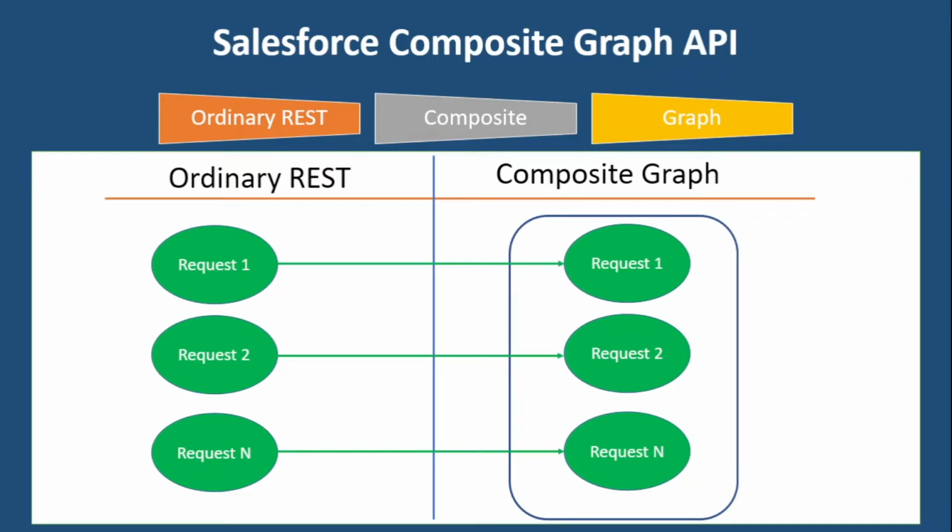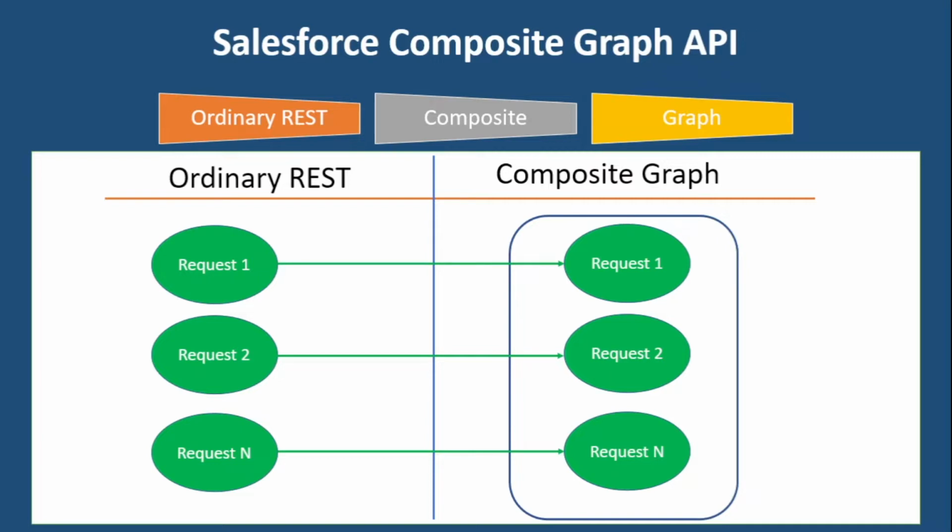Then Salesforce started thinking of Composite API, where you are able to club the number of requests into one single request. But the problem with Composite API was it can call up to 25 sub requests within a request.